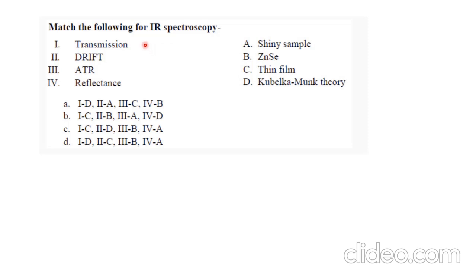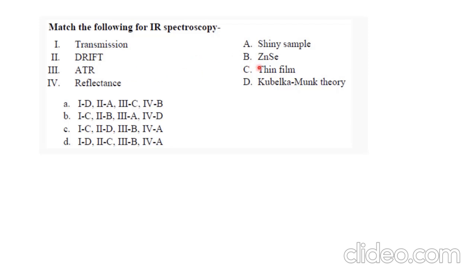For transmission, we generally require a thin film so that all the radiation gets transmitted through the sample. And for DRIFT, as I have told, the Kubelka-Munk theory is useful. From the reflectance, we can convert the reflectance into absorbance, and we can correlate the two properties.